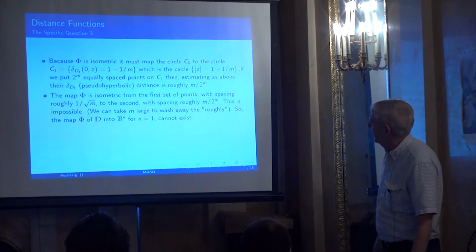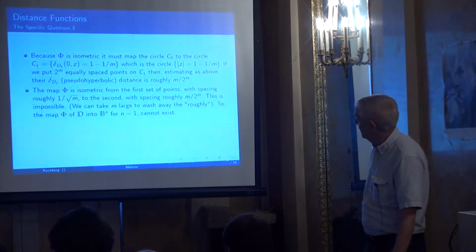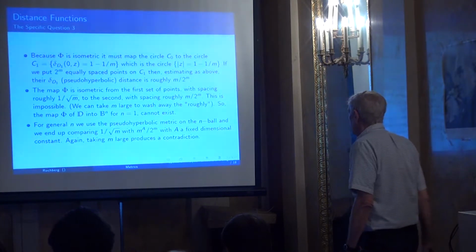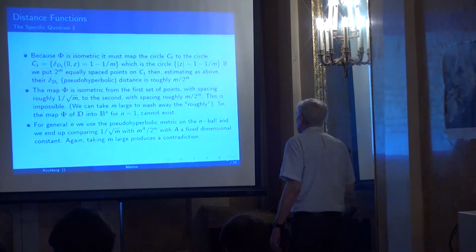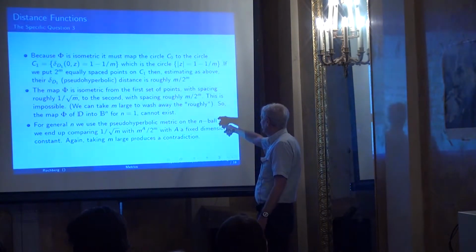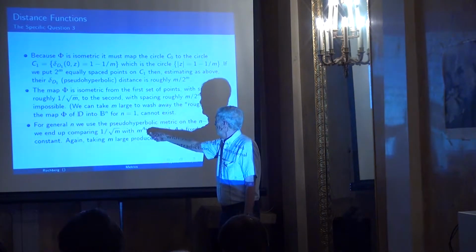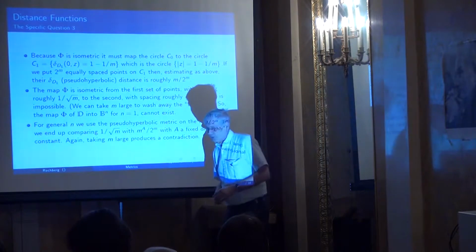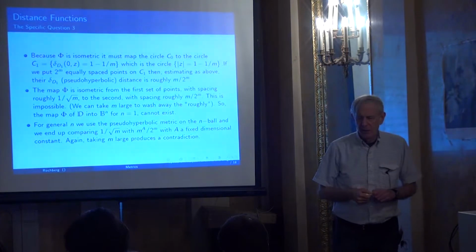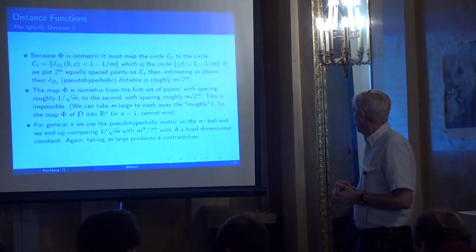But if you just look not at the fact that the first circle is mapped to a circle, but that the first circle is mapped into the surface of a sphere of the appropriate radius, what you get is exactly the same kind of argument, but the number of points in the pseudo-hyperbolic sphere of the appropriate radius inside the n ball is not m over 2 to the m, but it's m to the a over 2 to the m, where a is some number that is the effective dimension in that Heisenberg type metric on the sphere inside the n ball.